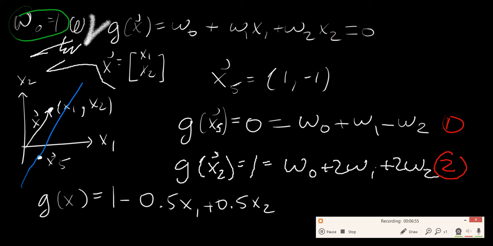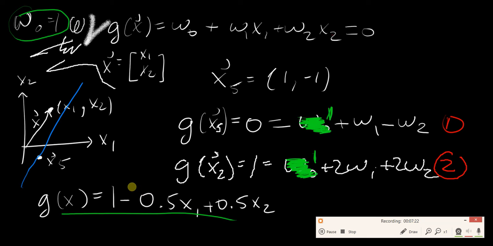I'm just going to replace omega naught with 1, in case you're skipping forward and didn't hear me say that important thing. I was stuck on it for a while too. I thought you could solve the equation, but so this becomes 1, and this also becomes 1, and that lets you solve it. So you end up with this here.